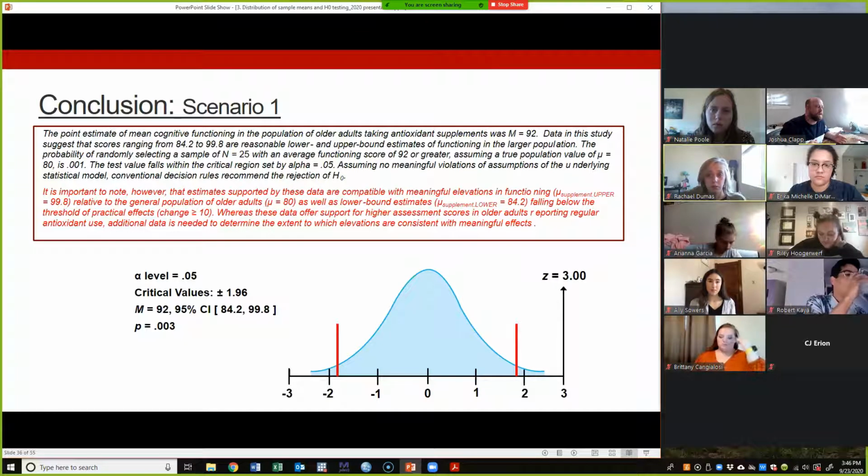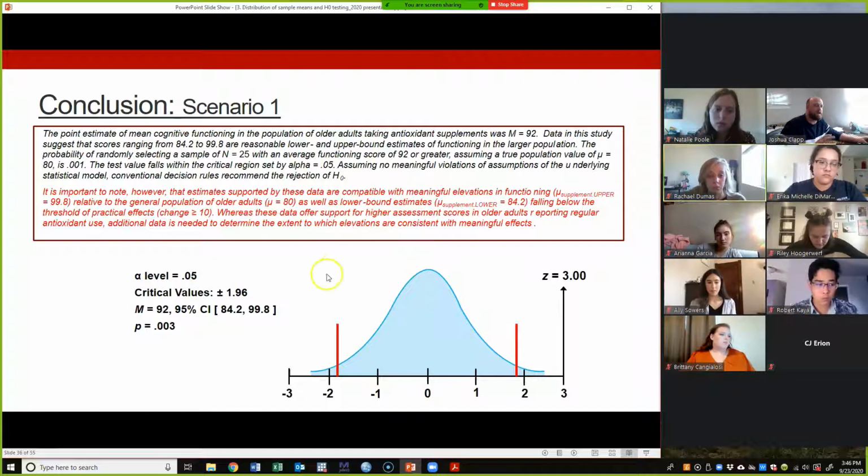What we need to be doing, and what some of these papers I'm having you read are talking about, is starting to augment how we talk about and present statistics in a way that furthers our understanding of the phenomena of interest, right? So for this scenario 1, if I were to put together an interpretation of what we found, I might say: point estimate of mean cognitive functioning in the population of older adults taking antioxidant supplements, so I'm identifying my population, was 92.